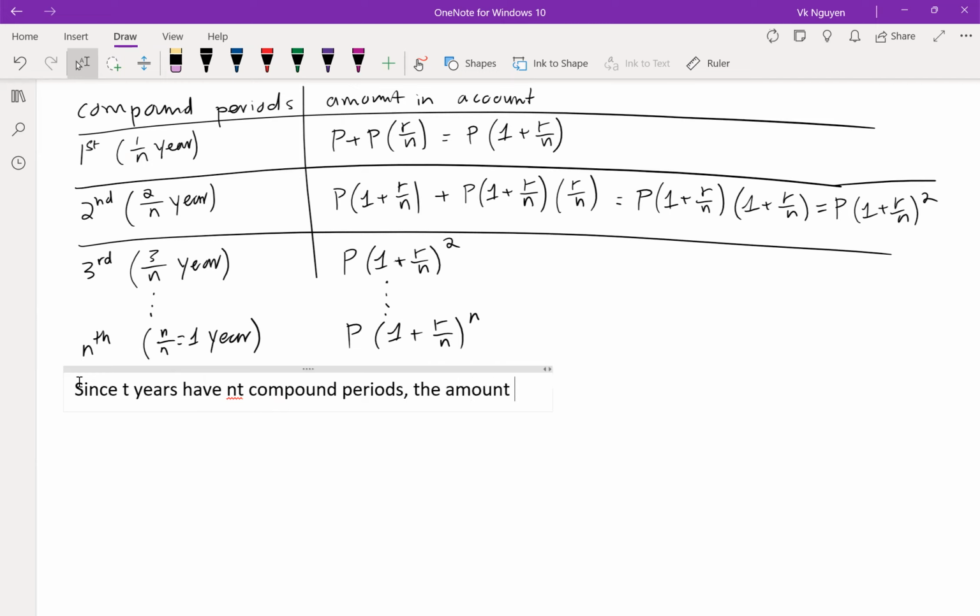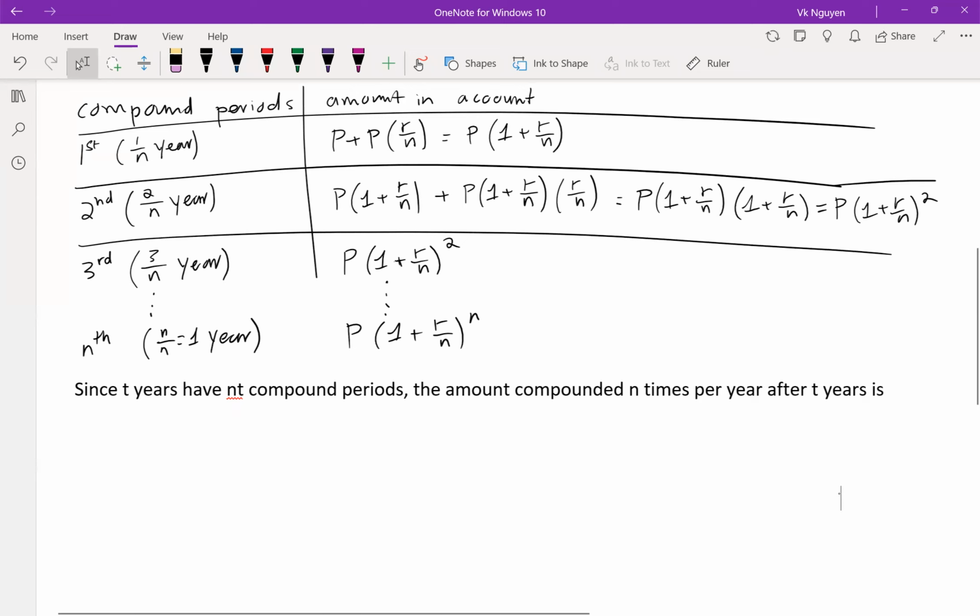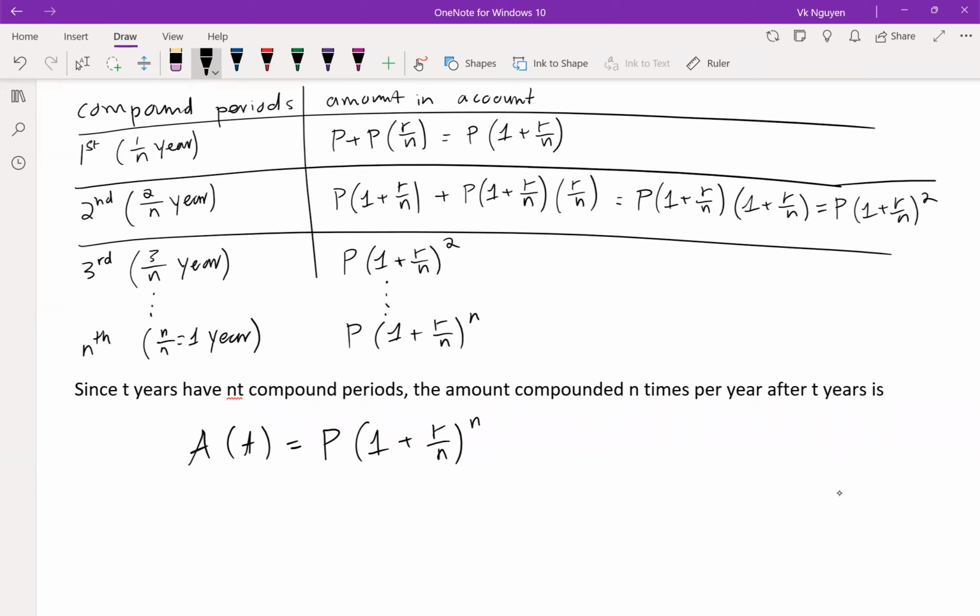The amount compounded n times per year after t years is, ta-da, A of t equal to P(1 plus r over n) to the power nt. Let us call it the compound interest formula.